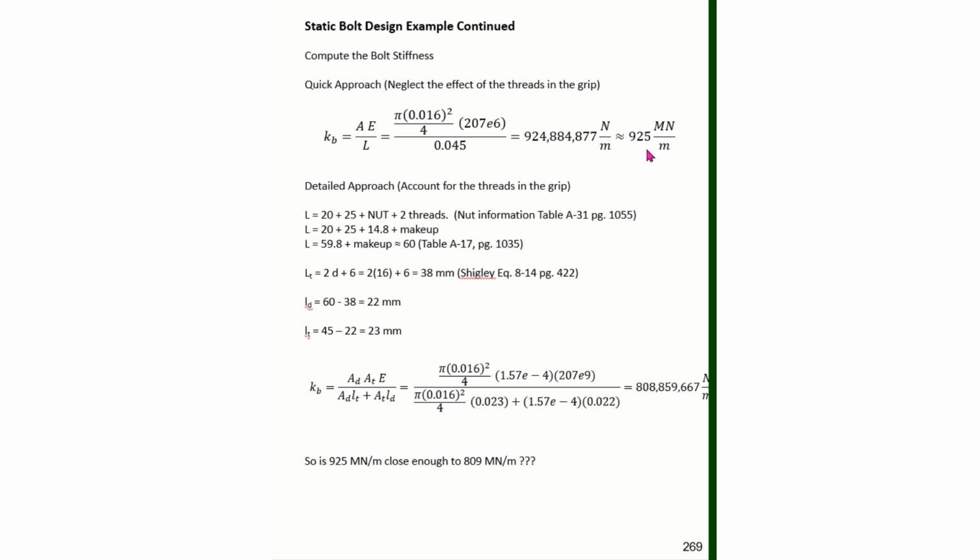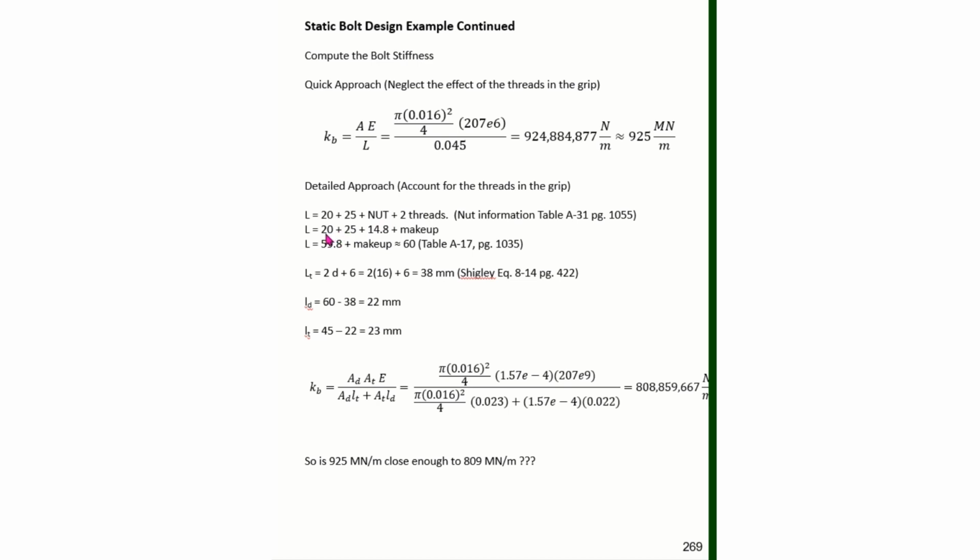Now let's be careful about how we compute KB and do the detailed approach. Here we have L, and the length will be the 20 for the top cap, 25 for the thickness of the cylinder. Then we have the nut, and then we're going to use 2 threads past the nut.